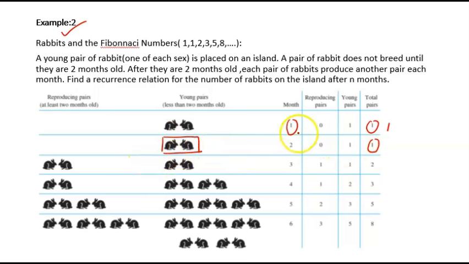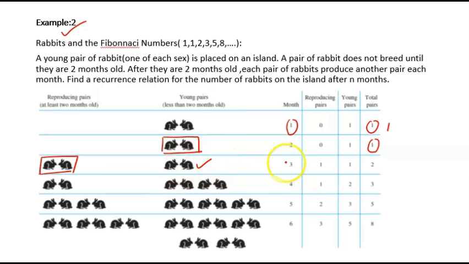Now this pair, after 2 months have passed, has become old enough to produce a new pair of rabbits. So let us consider that this is an old pair which I am placing over here, right? This pair of rabbits during the third month produces another pair of rabbits.